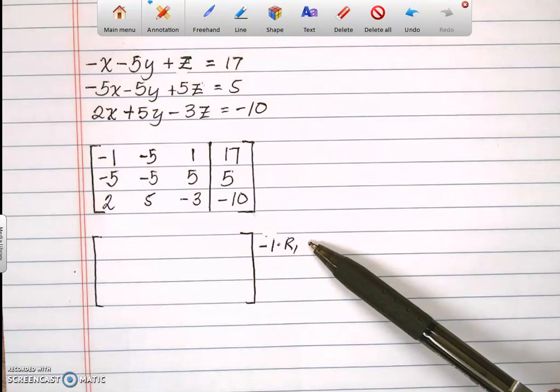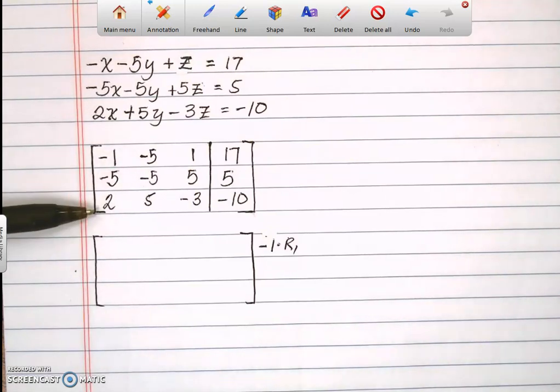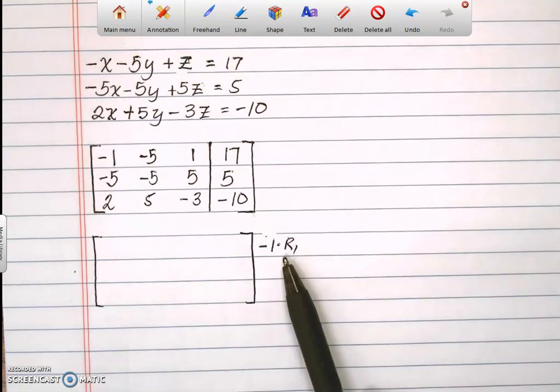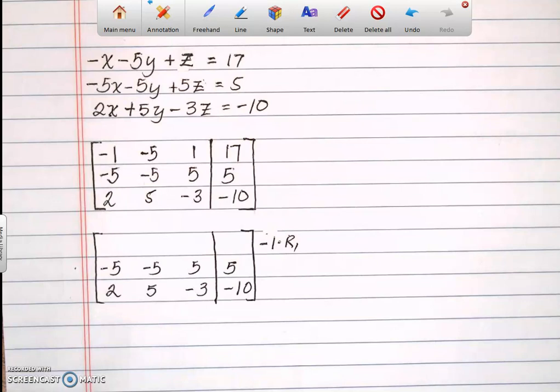Also, another very critical part of this method is all the other rows that you're not changing, you must copy them down. So therefore, you must copy down row 2 and row 3 already before you even change row 1 into this formula. So let's begin by copying. So row 2 is copied down, and now row 3 is copied down.